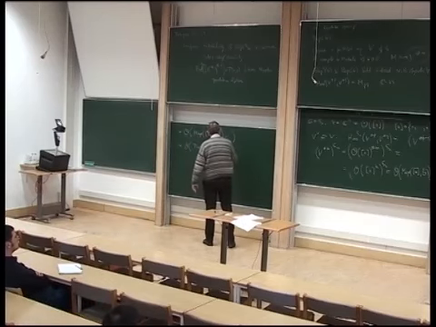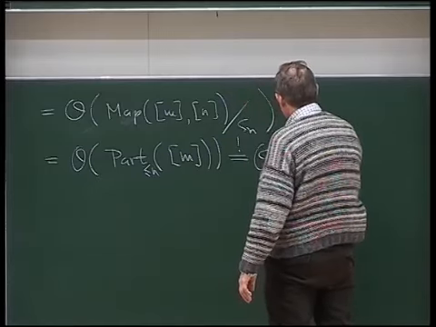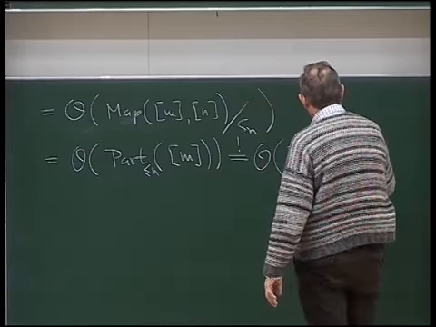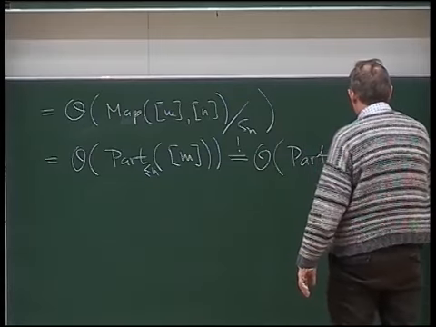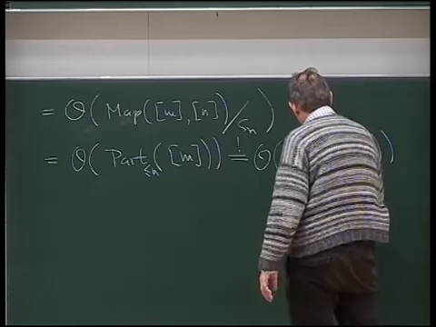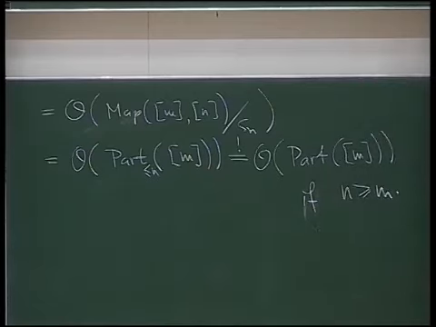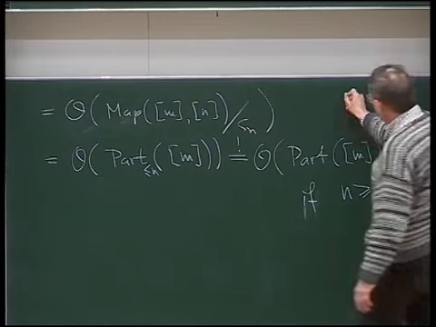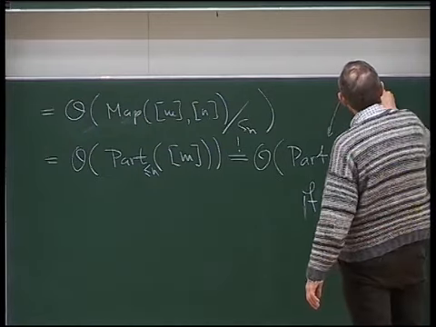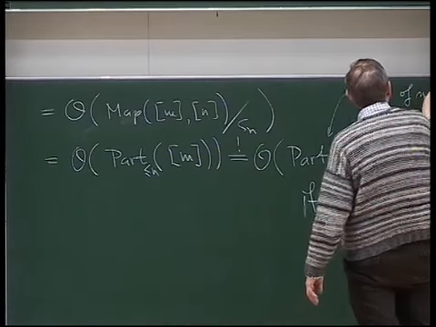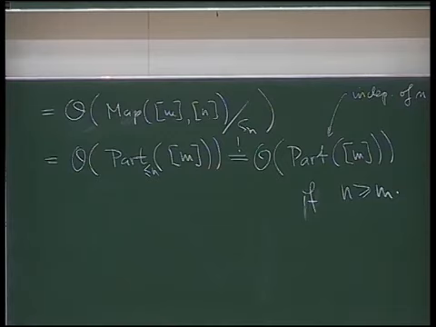Therefore, we get just partitions of m, under the condition that n is sufficiently big, namely in this case n is bigger or equal to m. And then this here is completely independent of n. I mean, that's in a nutshell why the representation theory of Sn becomes stable.